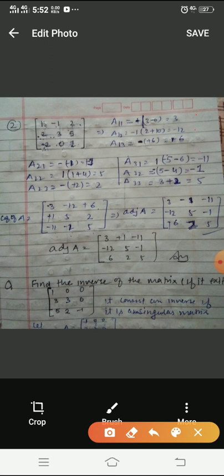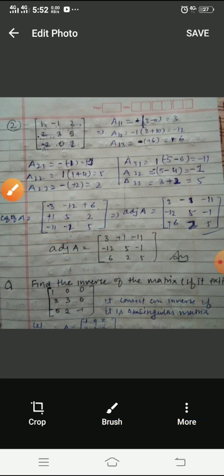So minus 3, minus 12, 6. Get it? Second, plus 1, 5, 2, minus 11, minus 1, 5. Got it? Okay. This is the cofactor. Clear? Sorry, I forgot to write down the transpose of this. Then we get the adjoint.